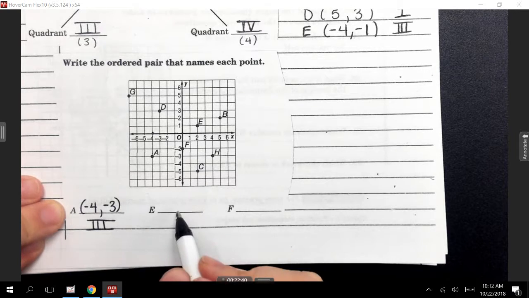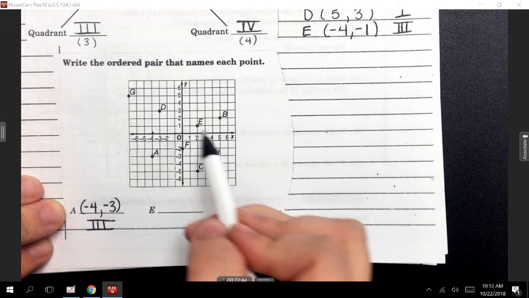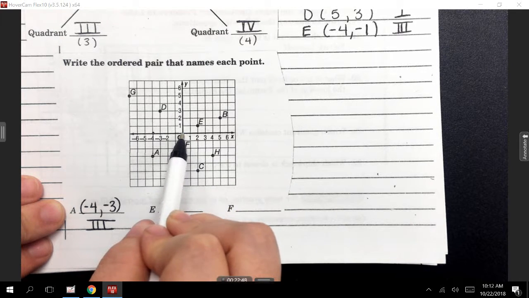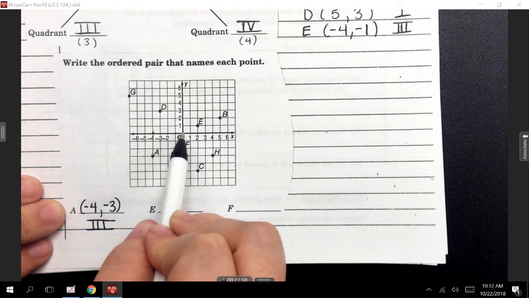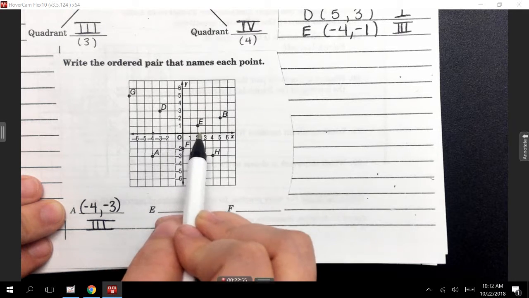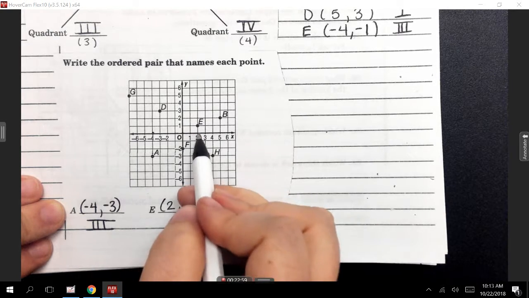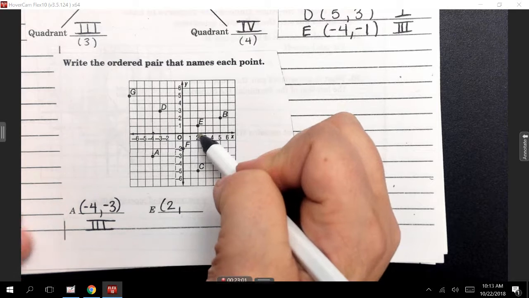All right. E. For E. When I crawl, how far am I going to crawl for E? How far am I going to crawl, Bailey? 2. 1, 2. We went over 2. So I'm going to put a +2 since we went forwards. All right. Once I get to +2, now what am I doing?